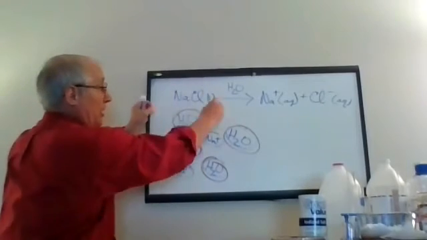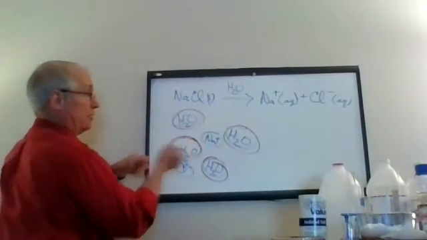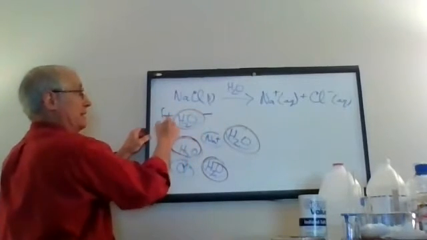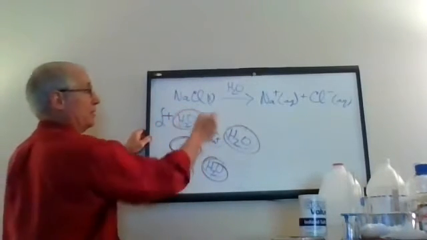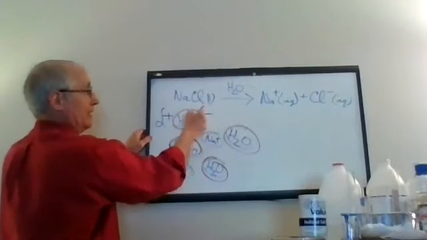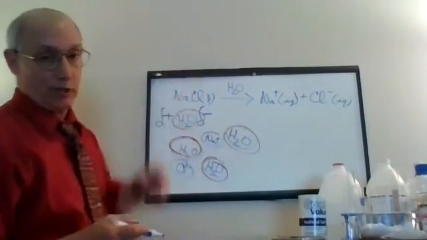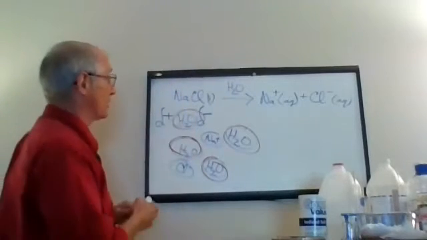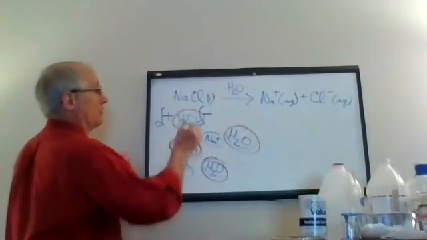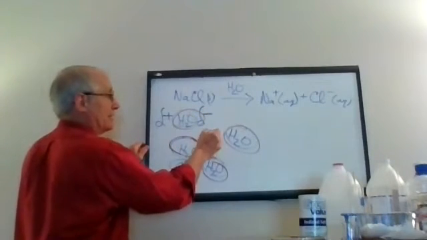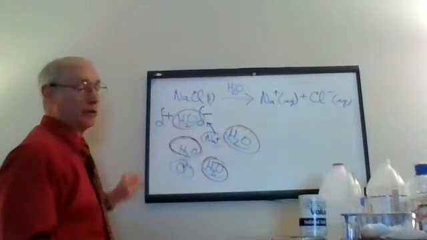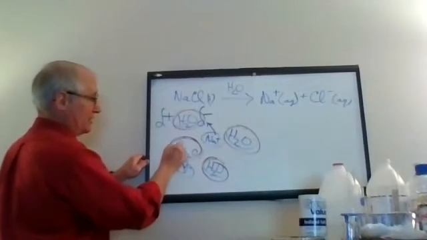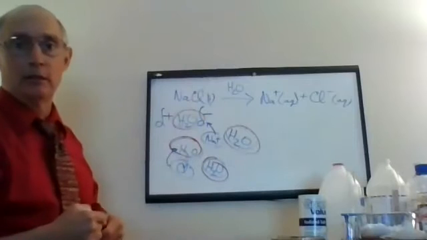So when you pull it apart, and water can do that because water has a positive end and a negative end. We say that the density of the protons is greater over here. We say that the density of the electrons is greater over there because oxygen has some lone pairs, and we've already covered all of that in chapter 6. And so this negative end attracts that positive end of the salt, and this positive end attracts that negative end of the salt, and it pulls it apart.